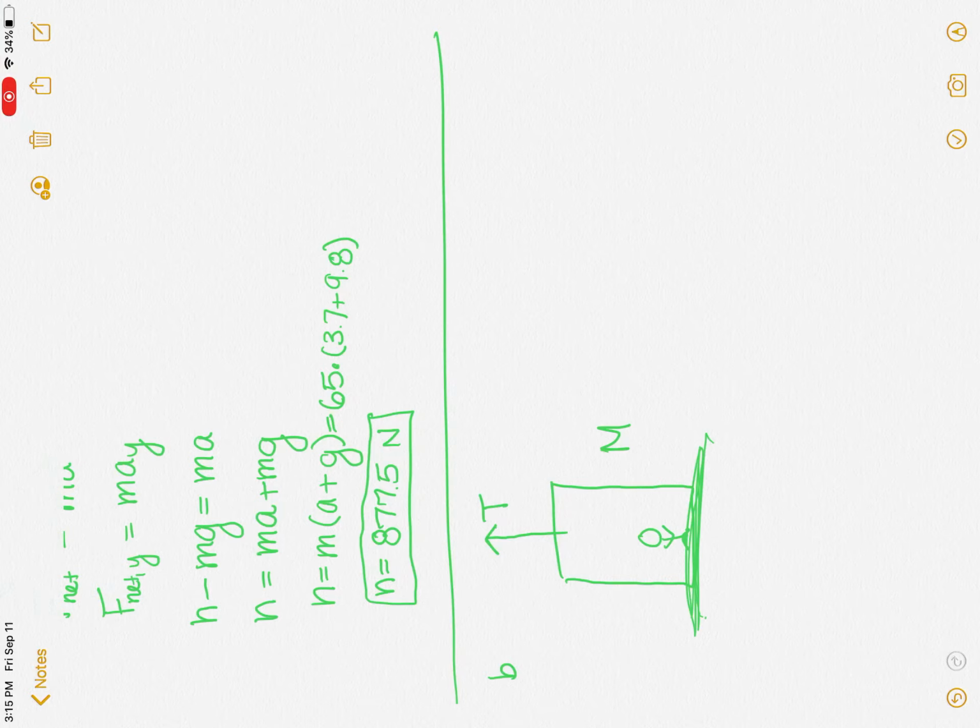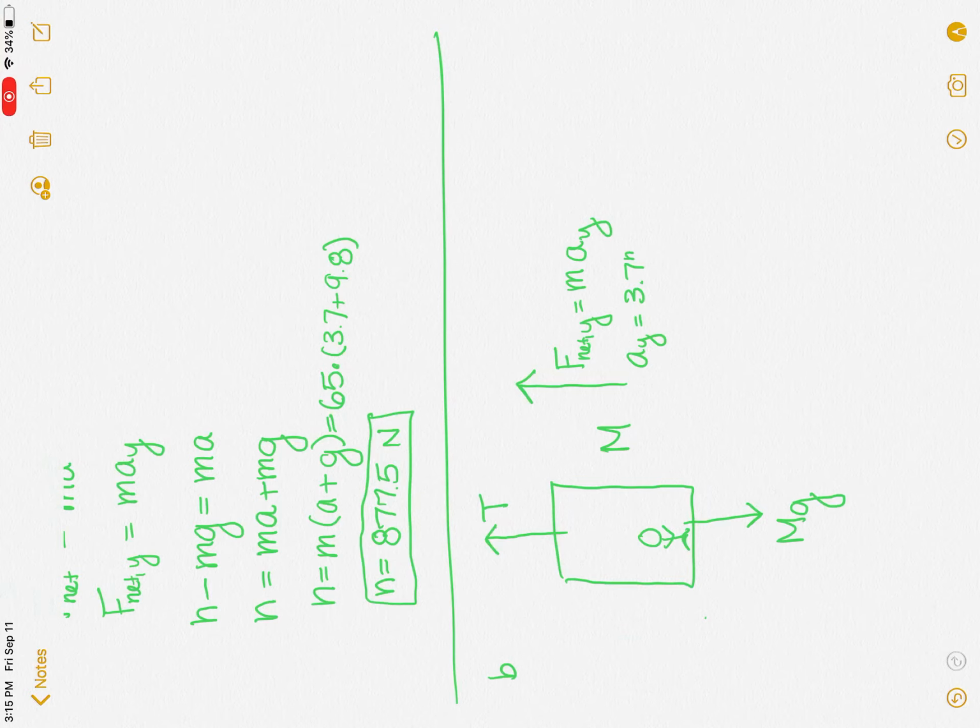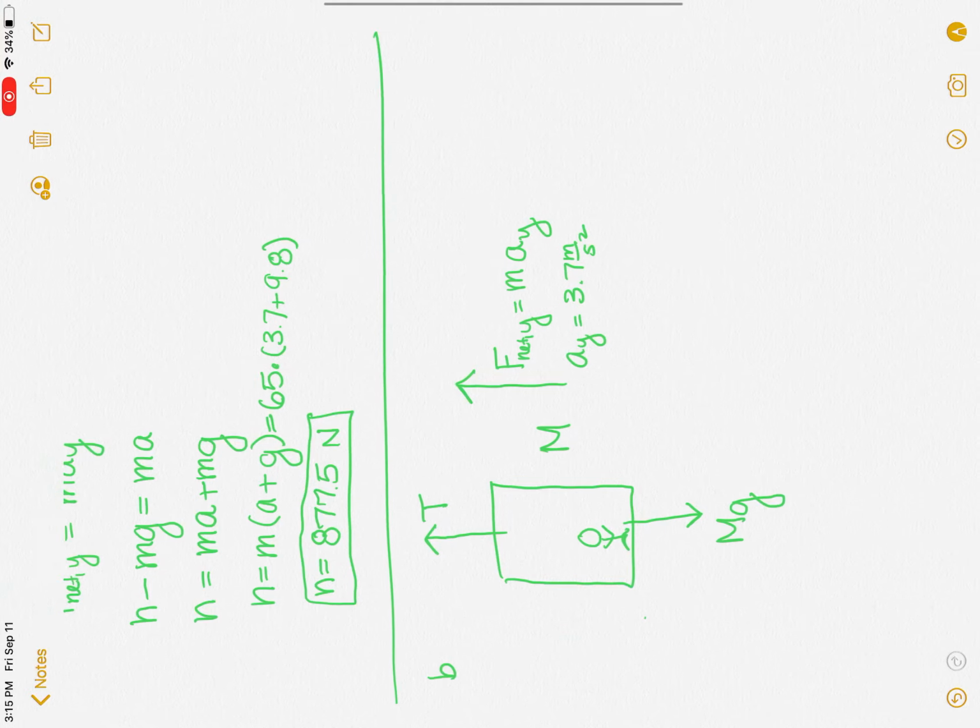But since the elevator is just hanging off of that rope, we don't have a normal force. So we have Mg, and the acceleration is 3.7 meters per second squared.